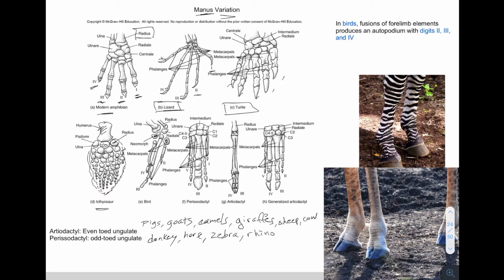Now birds, because they have to figure out flight, they change their manus anatomy in order to make the wing. And so what we see is that we see fusions of 4-limb elements in birds. And we see basically digits 2, 3, and 4 that remain as these distinct bones.